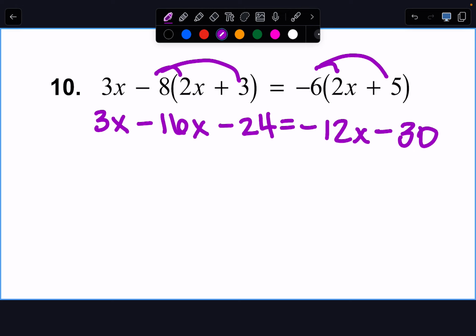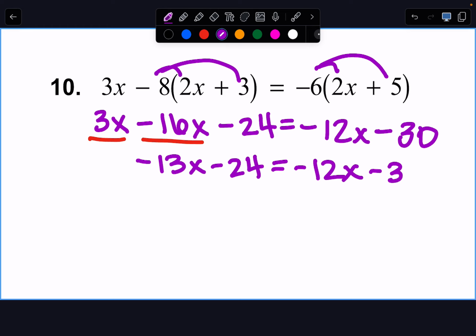Okay? Now, this problem has it all. We have like terms we have to combine, don't we? Yeah. Over here on the left side, we have 3x minus 16x. That gets us negative 13x minus 24 equals negative 12x minus 30.